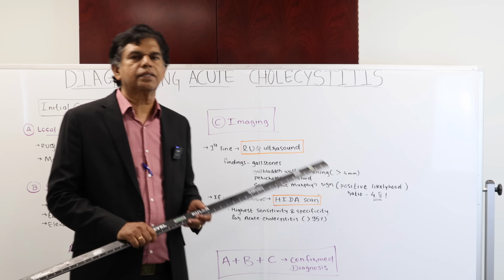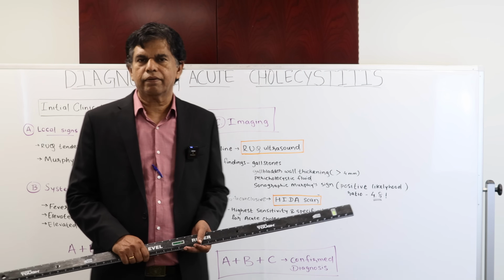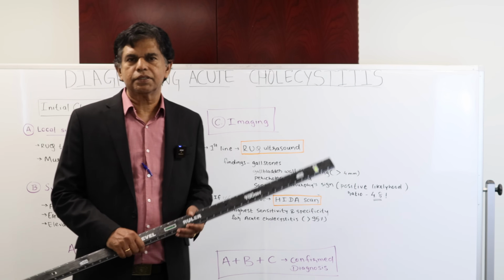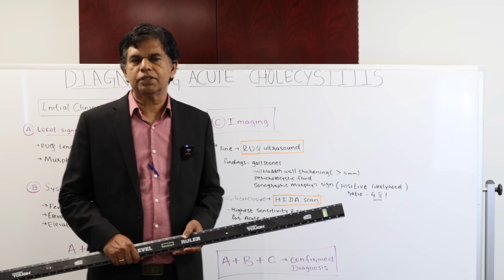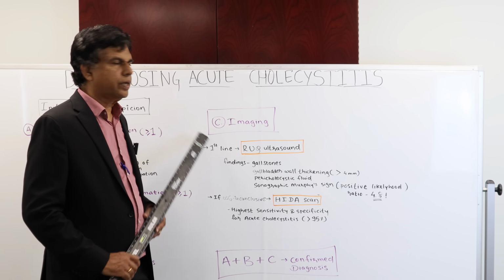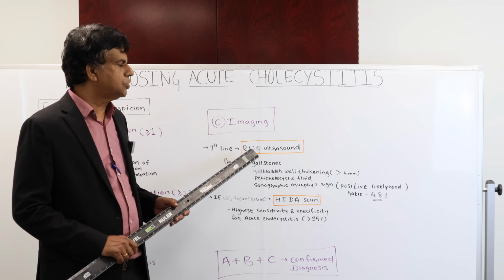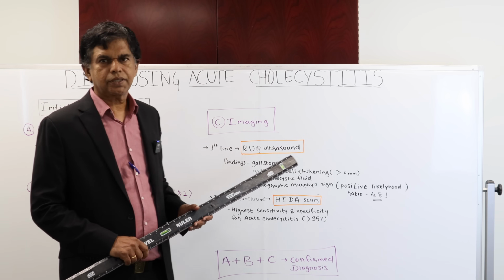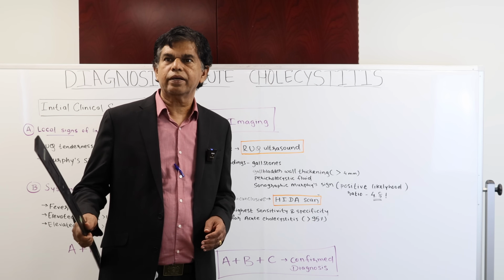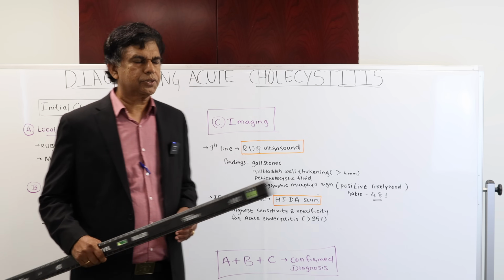So don't make the mistake of doing a CT scan. Even if your CT scan comes back negative and your suspicion is high, go for abdominal ultrasound. So if an examination question comes in, you got two choices, abdominal ultrasound, CT scan, which one will you pick? Abdominal ultrasound. Abdominal ultrasound, okay?